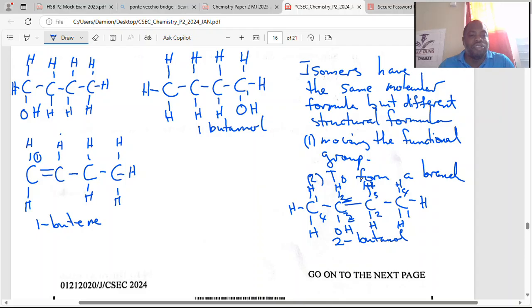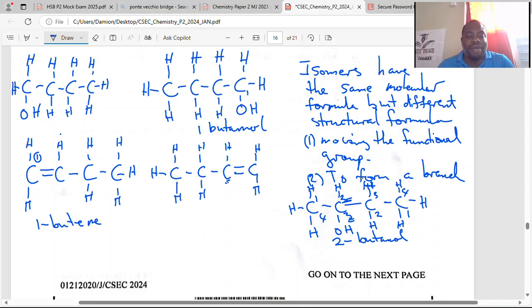So if they ask you to draw an isomer, can you draw this and say, oh yes, this is an isomer. This is 4-butene. Sorry, 3-butene. Can we have that? No, sir.